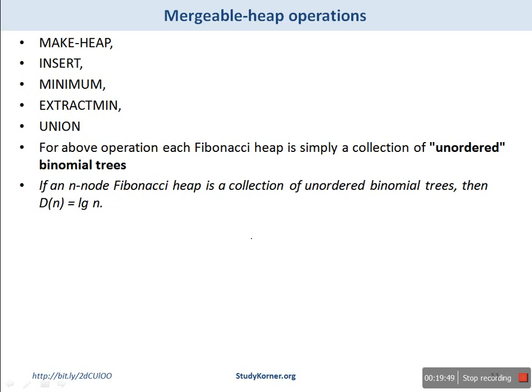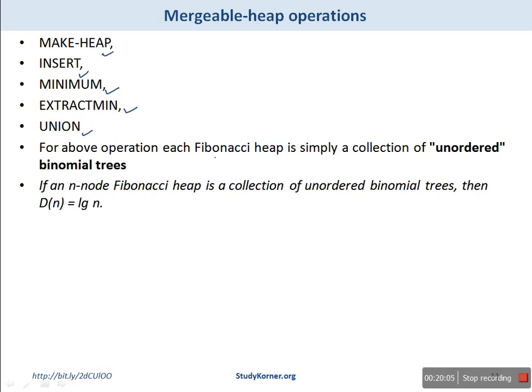Now a Fibonacci heap supports all mergeable heap operations like make heap, insert, minimum, extracting the minimum element, and union, and these operations can also be followed by binomial trees.